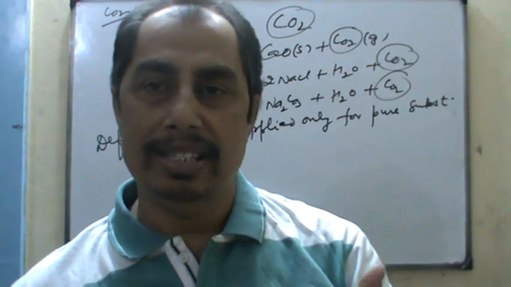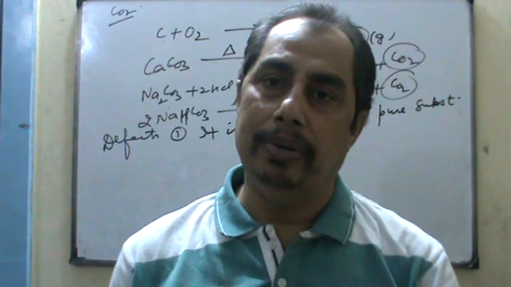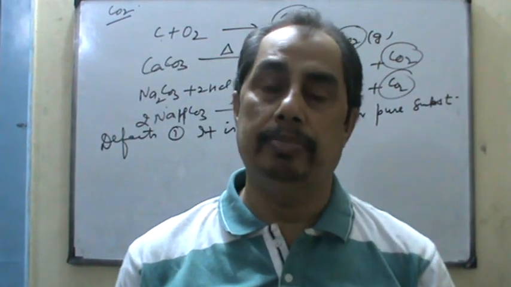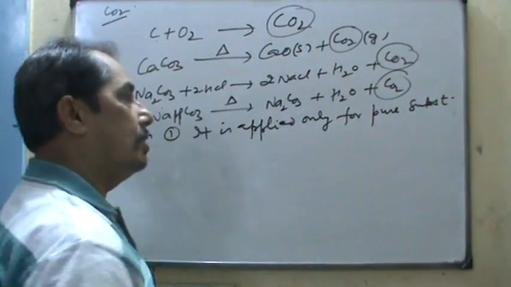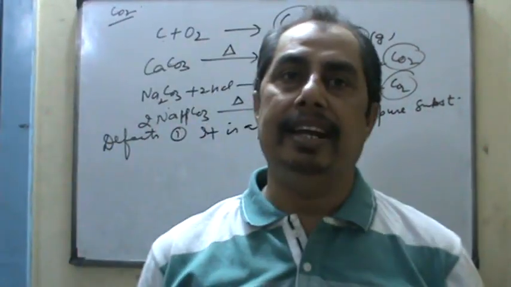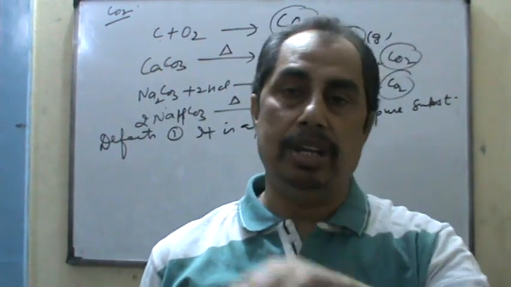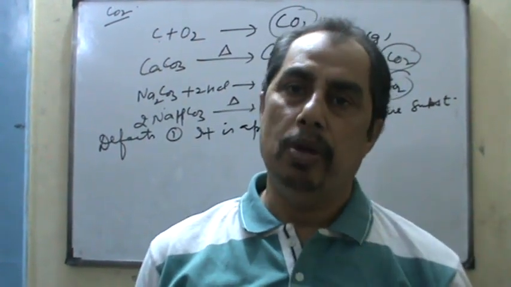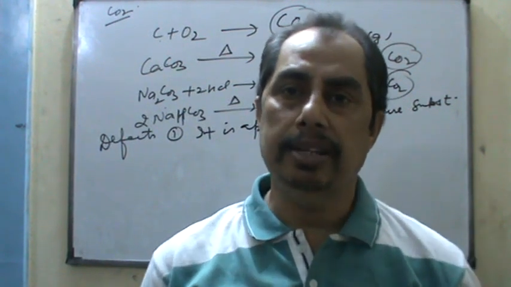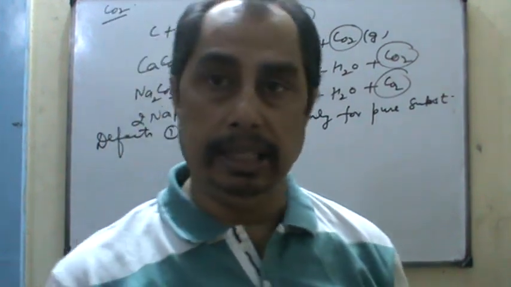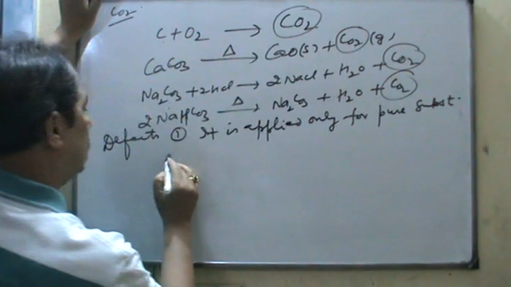A pure compound means the substances chemically combined and the product is the compound. Water is a compound but not a mixture, but air is a mixture but not a compound. In a compound, the individual reactants do not carry their previous character or property, but in a mixture they do carry their previous property. Whenever compounds are obtained, they lose their previous character. So water is a compound, and this law is applied only for pure substances.